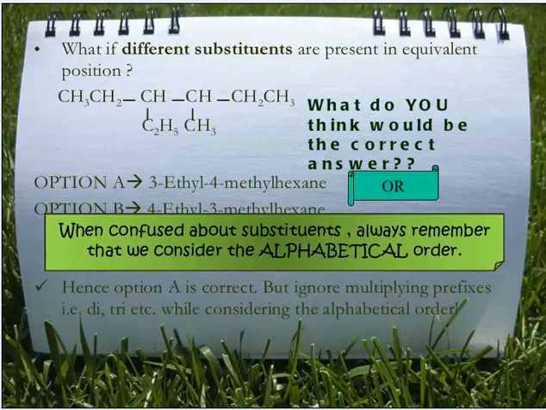When confused about substituents, always remember that we consider the alphabetical order. Hence, option A is correct, but ignore multiplying prefixes like di, tri, and so on while considering the alphabetical order.